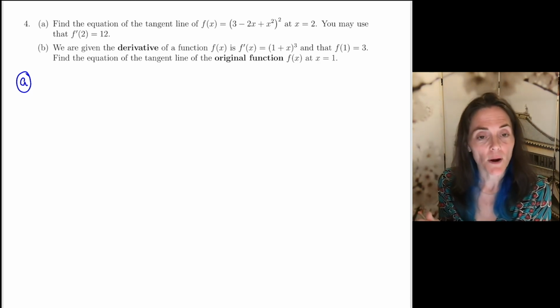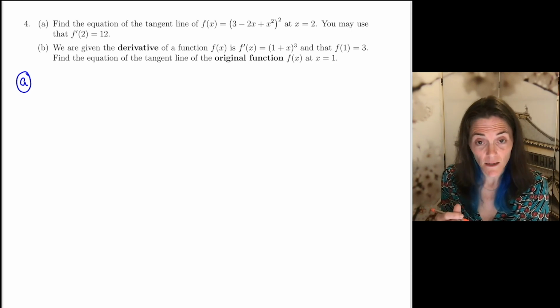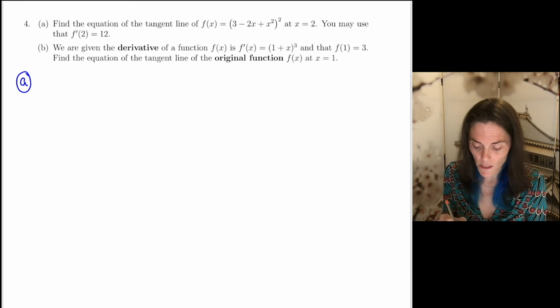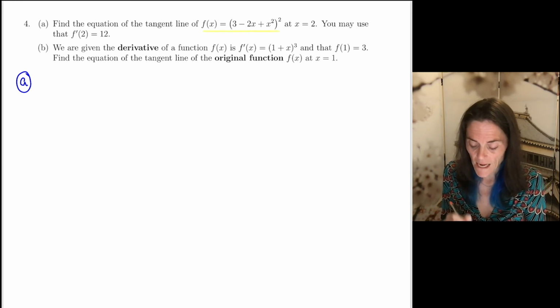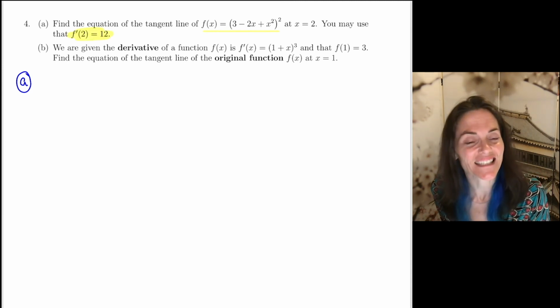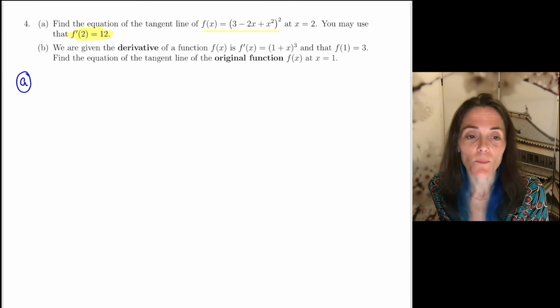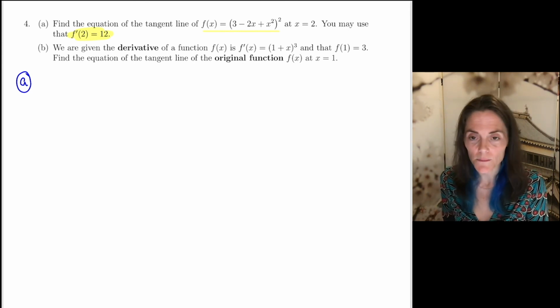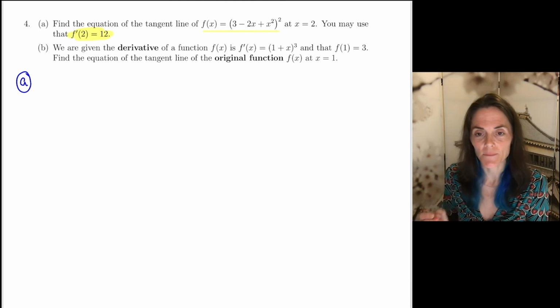So in part A, we want the equation of the tangent line to this function at x equals 2, and we can use that the derivative evaluated at 2 is 12. So both A and B are quite short problems since we have this extra information.